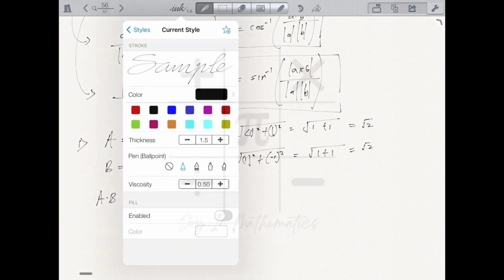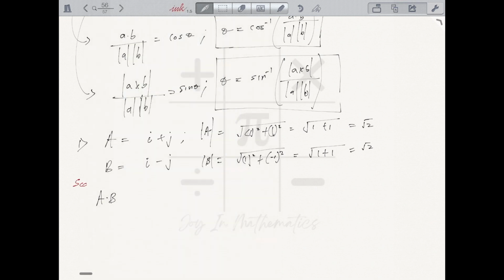We know that A dot B is equal to modulus of A modulus of B cos theta. Now the next thing to do is to evaluate A dot B. Evaluating A dot B, we are going to have 1 multiplied by 1 plus 1 multiplied by minus 1.